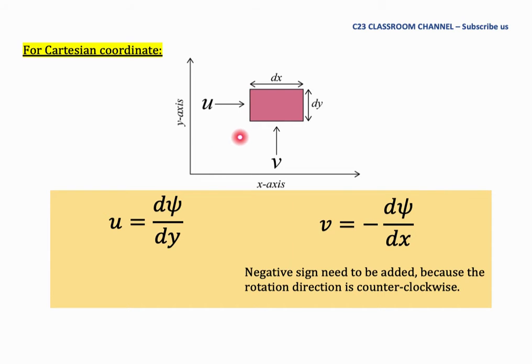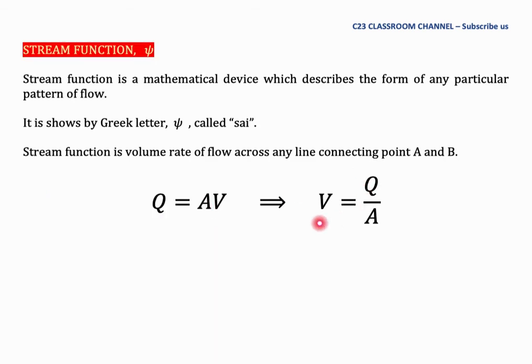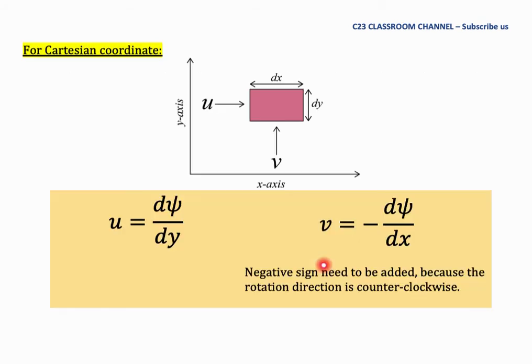As we know, in previous notes, we said that stream function psi is actually the volume flow rate. So we could calculate the volume flow rate. Q is equal to A times V, and then we can rearrange the equation to become V equal Q over A, and we use this idea to develop our stream function.